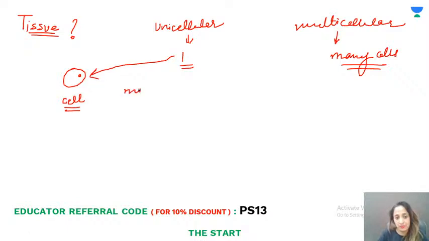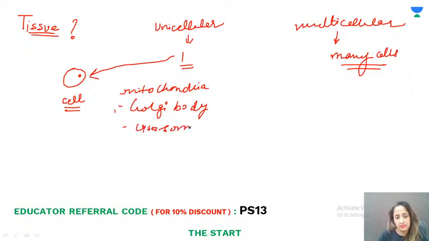It has mitochondria, it has Golgi bodies, lysosomes and all other things. It has your endoplasmic reticulum.